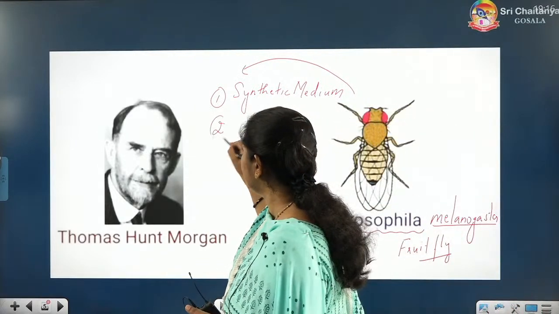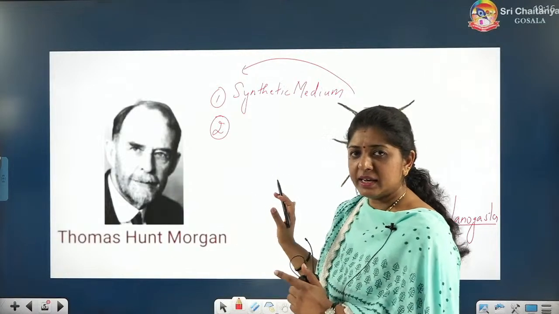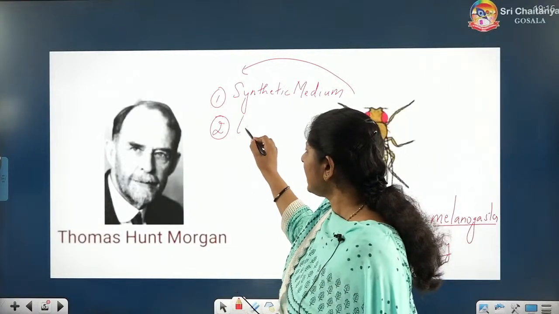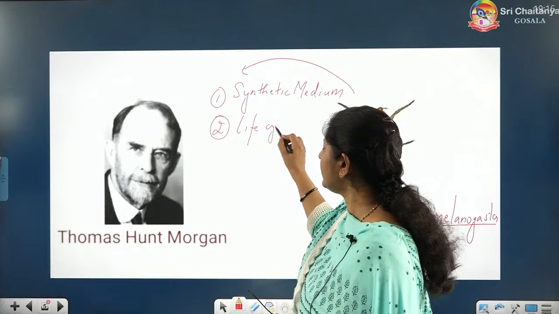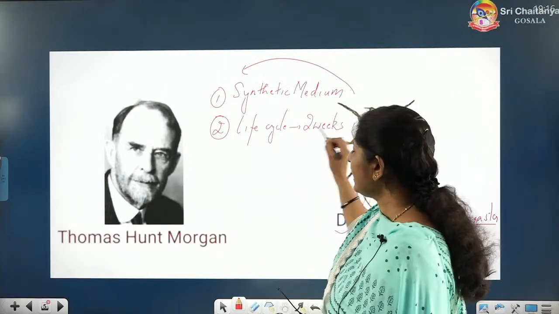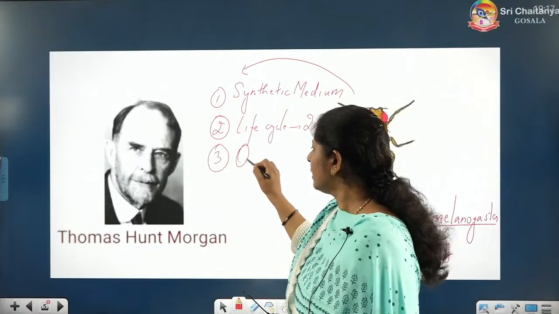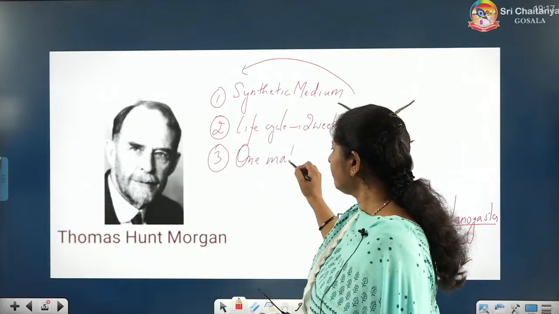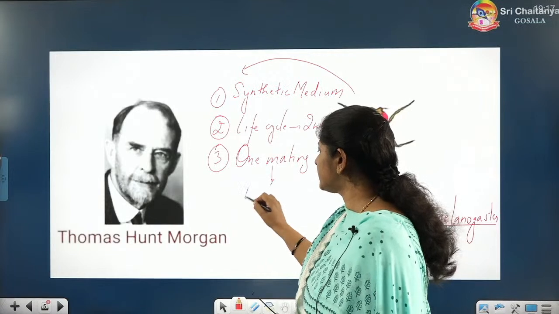Second thing, this organism has a life cycle of hardly 2 weeks, very short, and in one mating it can give many progenies.